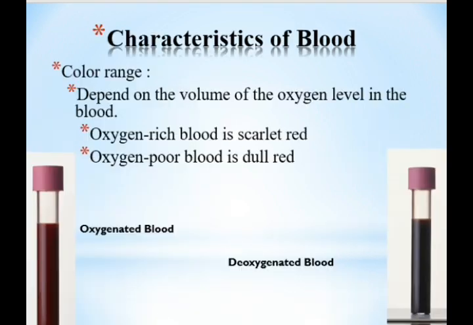For blood, you look at the color, they are red, but there's a little bit of difference between blood which is rich in oxygen and blood which is lacking oxygen. Blood which is rich in oxygen will be much brighter. We call it scarlet red. And the deoxygenated blood will be kind of deep red, meaning that it doesn't have enough oxygen, so it is kind of dull.